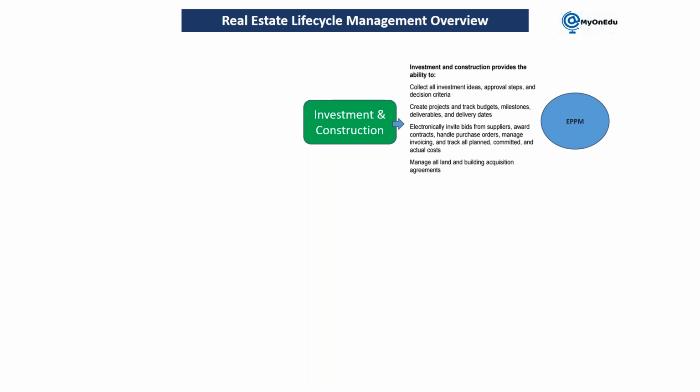Once it is approved, it will go for construction. When we go for construction, PS, Project System, will help us. And if we go for any sale, SD will be there. So my initiation point will be portfolio project management.